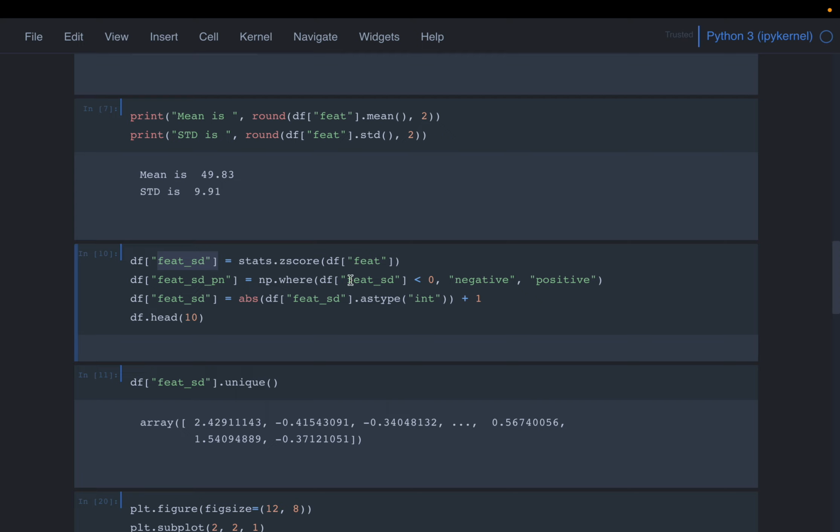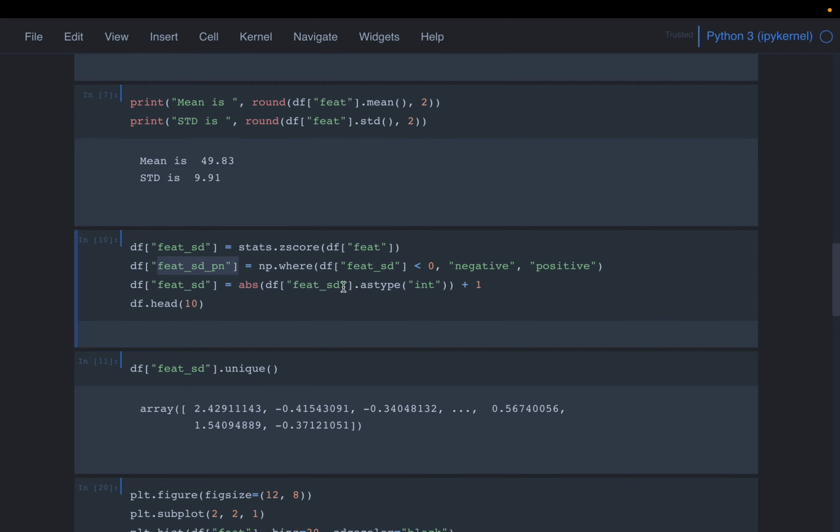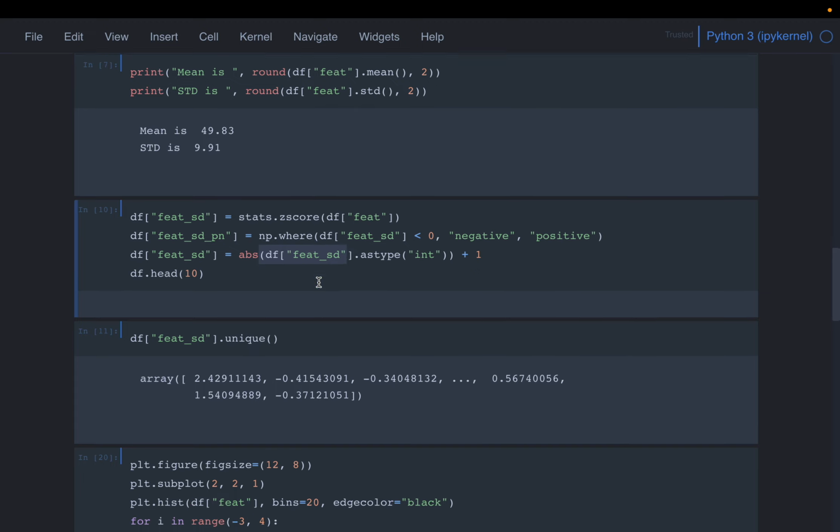So here we are computing this z-score, the number of standard deviations. It takes a negative sign if it is on the left, and a positive sign if it is on the right. We compute whether it is on the left or right using the NumPy sign function. Then finally, we take the absolute value of the z-score, because we are only interested in how many standard deviations away, not the sign.